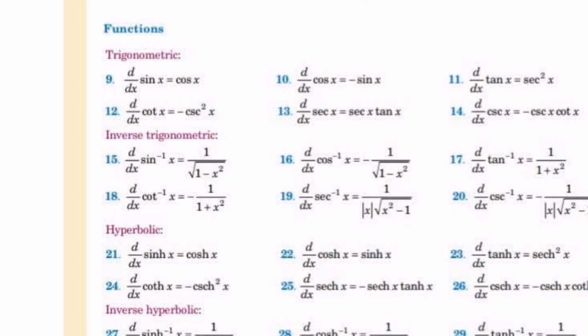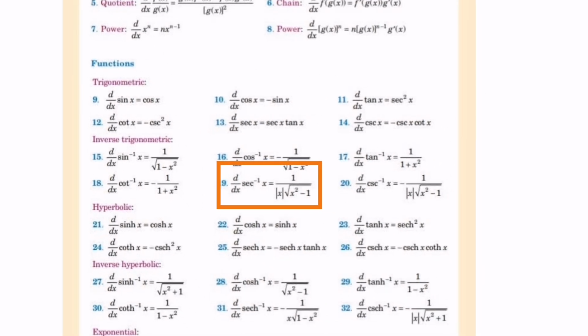Derivative of secant inverse x is equal to 1 over absolute x times square root x square minus 1. Derivative of cosecant inverse x is equal to minus 1 over x square root x square minus 1.